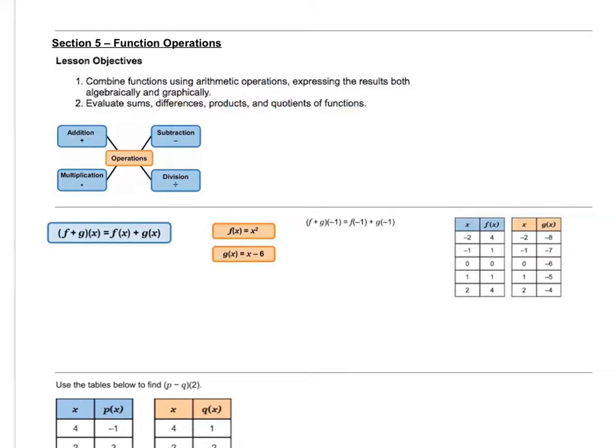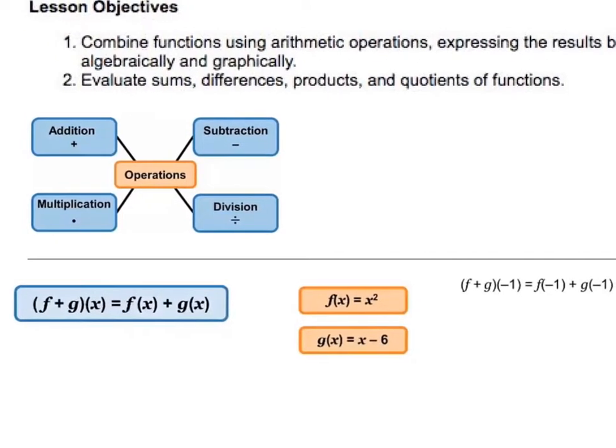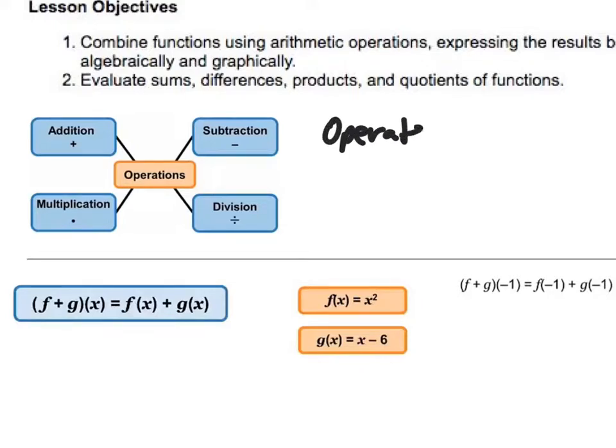So we learned about evaluating functions in the last class, but what we have here is we're able to operate within those functions. Basically what this means is that we are going to operate on functions.